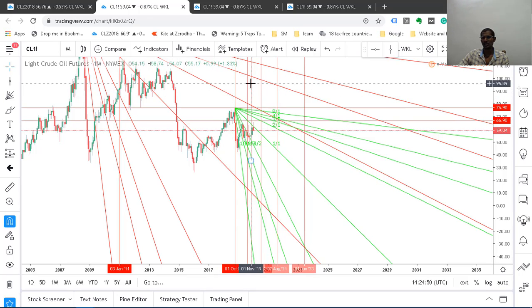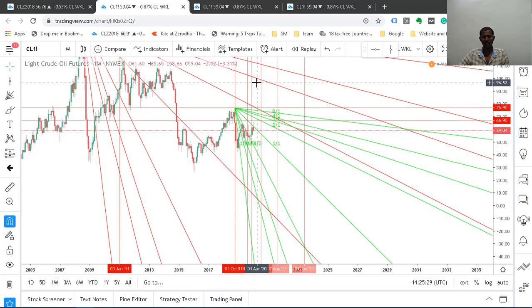These time levels are very important. Let me give you the time levels so that you can make a note of them. Please note down these values: 13, 21, 34, 56, which are all months from this point.